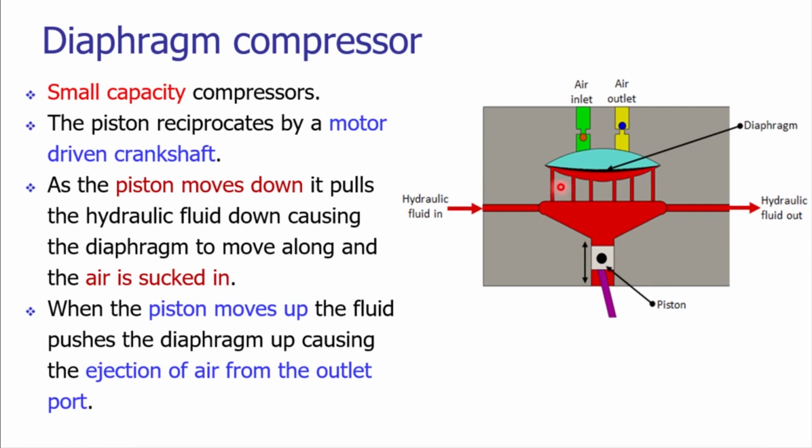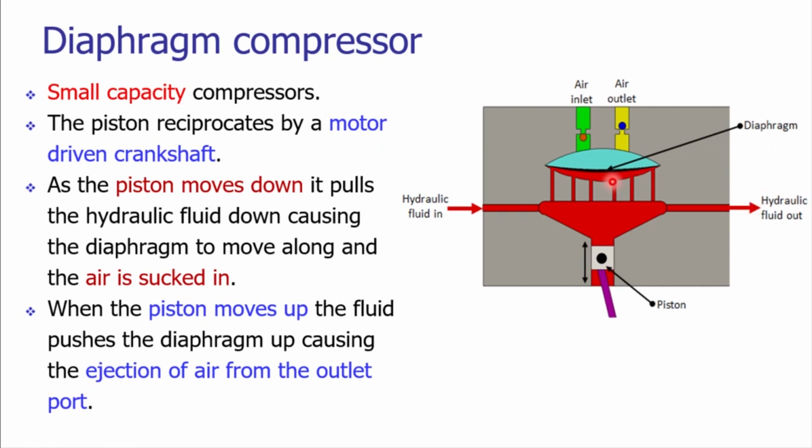So there are number of passages for the hydraulic fluid and there is a chamber. Through this number of passages or channels, the pressurized hydraulic fluid will come to this particular chamber, and that chamber is having a diaphragm. It is a metal diaphragm, a thin metal plate, that is called the diaphragm.